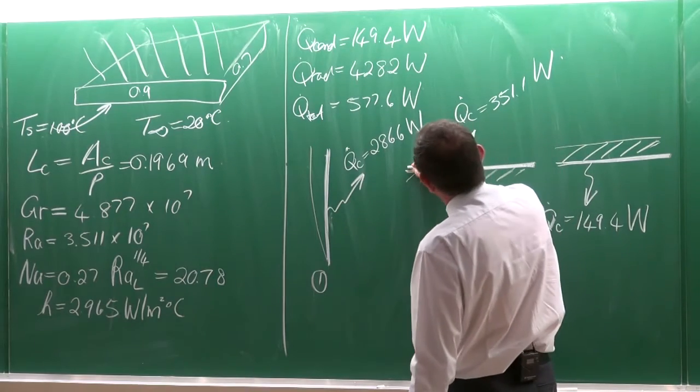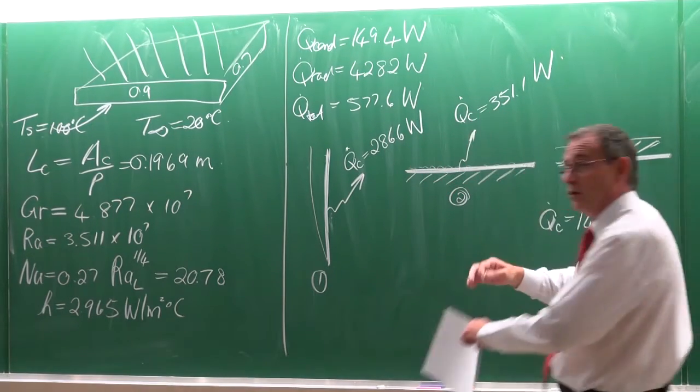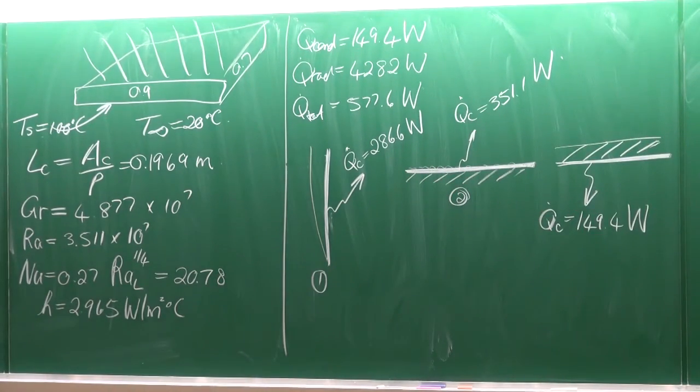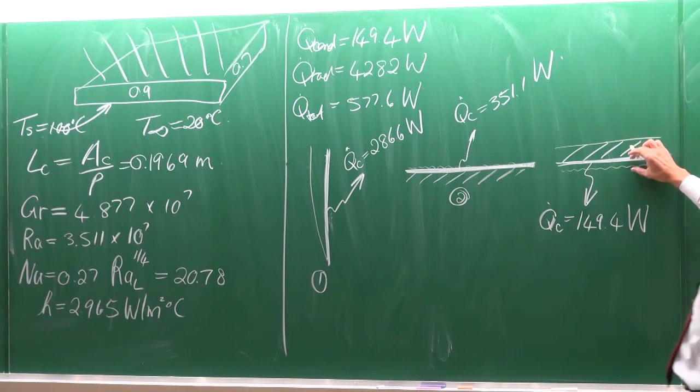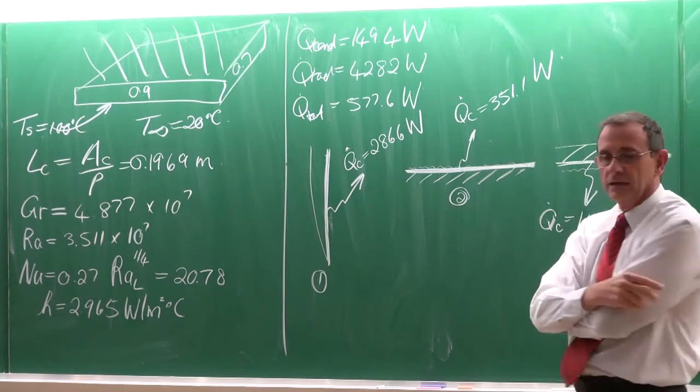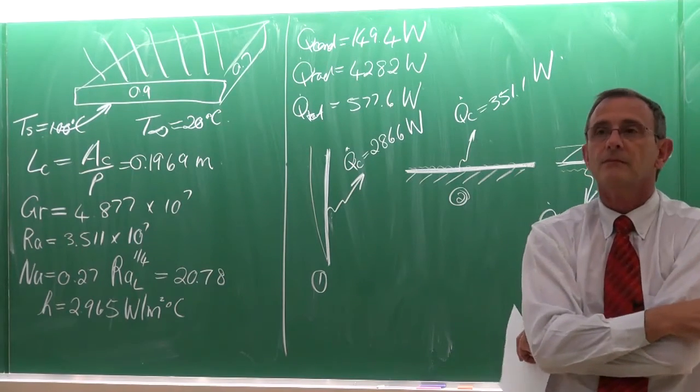In this case, the thermal boundary layer is going to break up all the time because of the convection just going up. And in this case, it's going to build up here. You're going to have a thick thermal boundary layer at the bottom. And that's the reason why the heat transfer rate from that plate would be the highest.